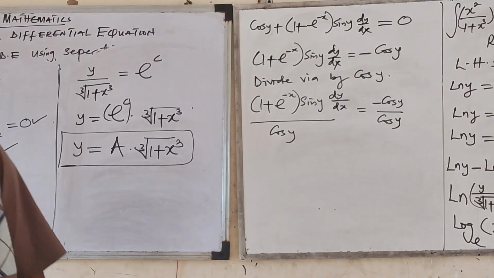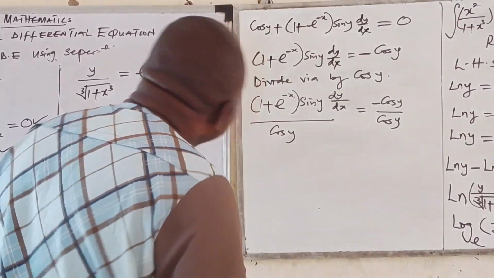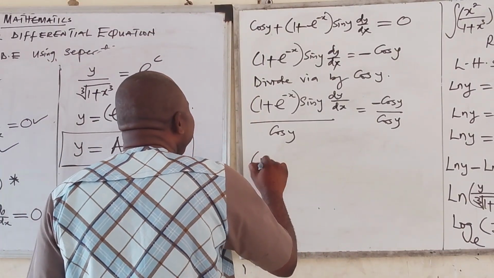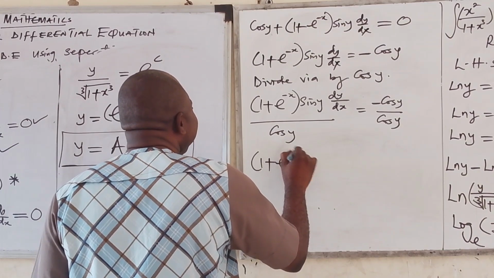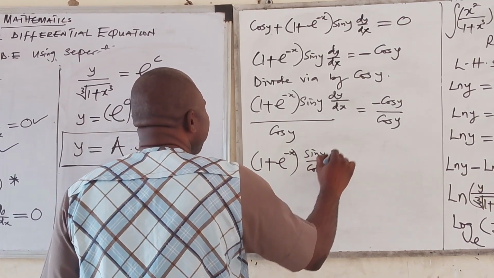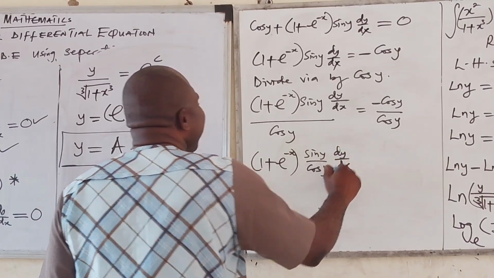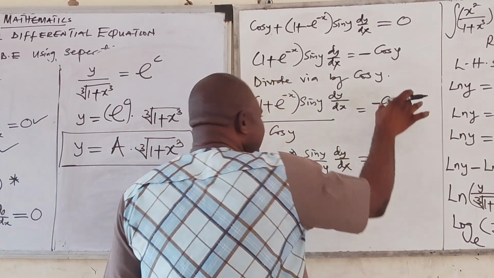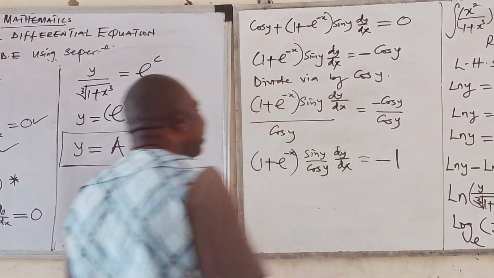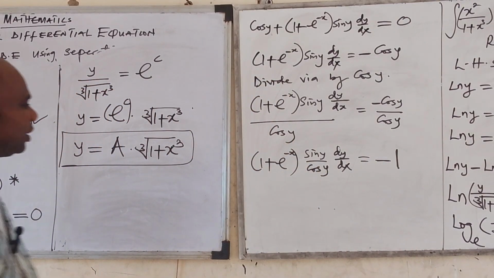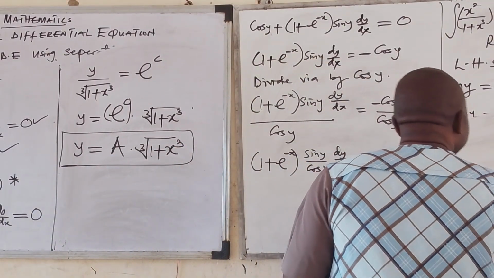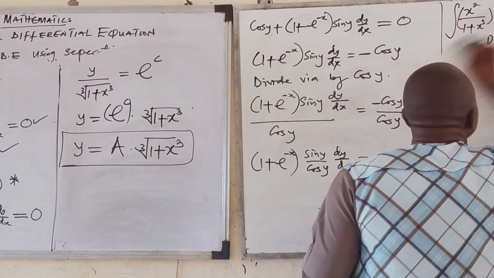So this is the same thing as saying 1 plus e power minus x, then we have sine y all over cos y, dy all over dx is equal to minus cos y divided by cos y, which is minus 1. Cos y divided by cos y is 1, so minus cos y divided by cos y will give us minus 1.